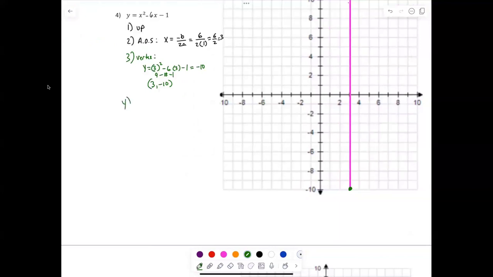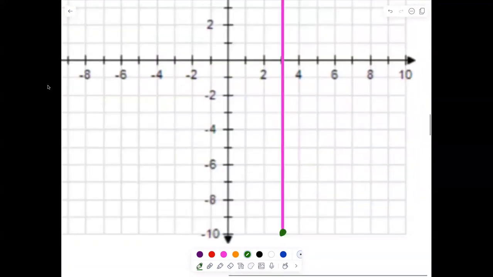Step 4. What is my y-intercept? My y-intercept is 0 comma negative 1. So everybody plot the point 0 negative 1. So if 0 negative 1 is on the graph, what else is on the graph? Watch me.